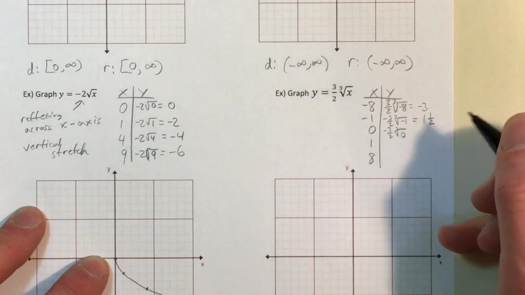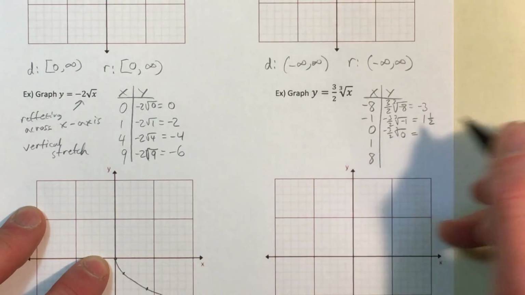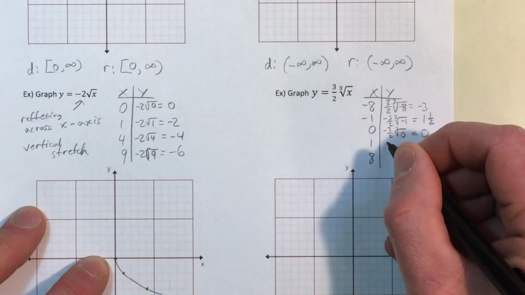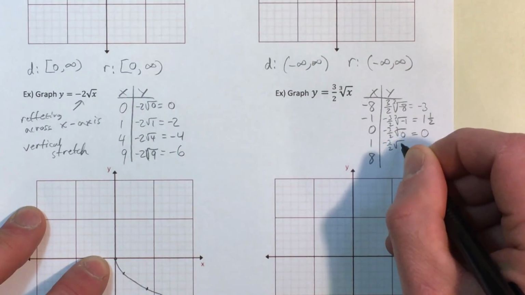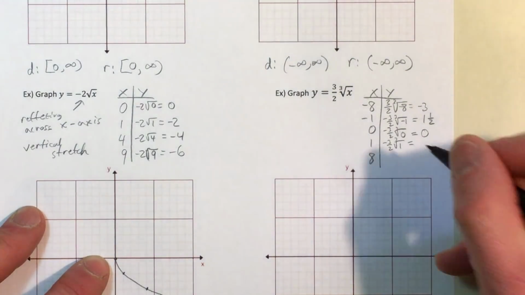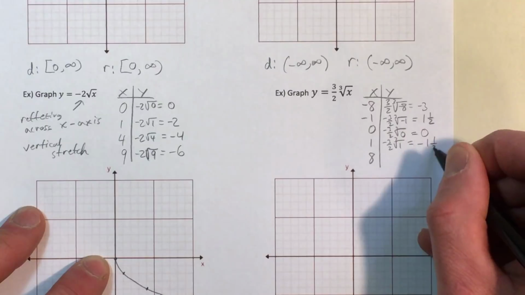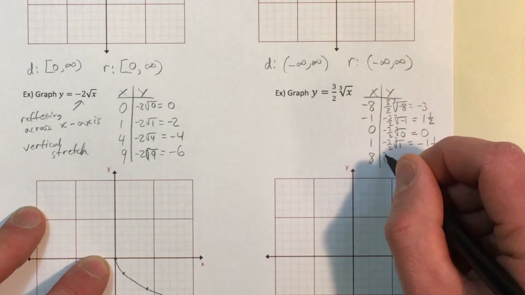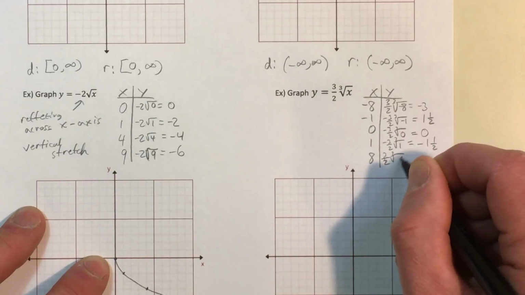-3/2 cube root of 0. Cube root of 0 is 0. 0 times anything is 0. -3/2 cube root of 1. Cube root of 1 is 1. 1 times the -3/2. I'm going to write it as -1.5 to make it easier to graph. And here we are, -3/2 cube root of 8.